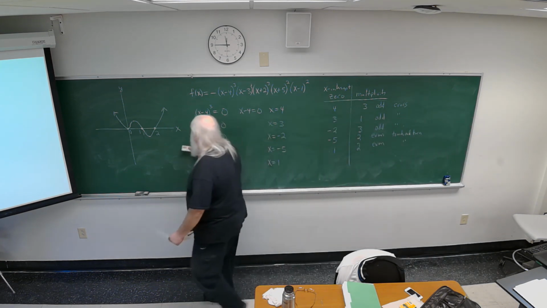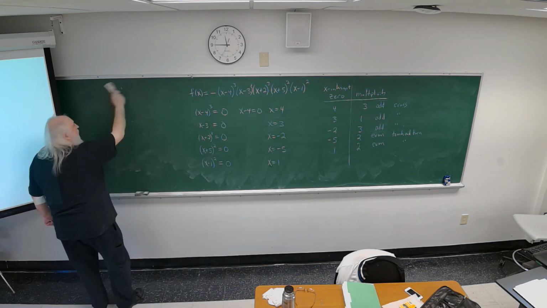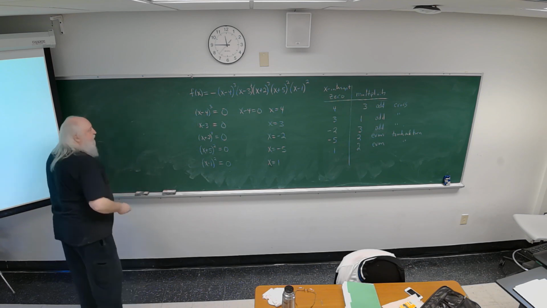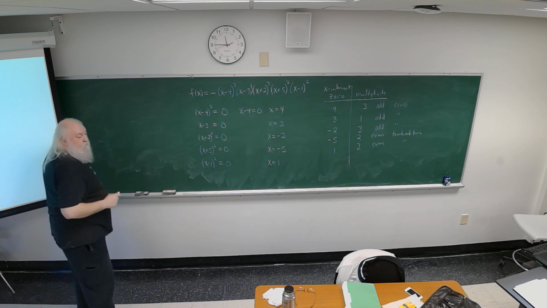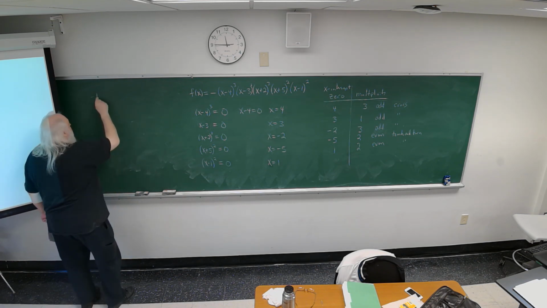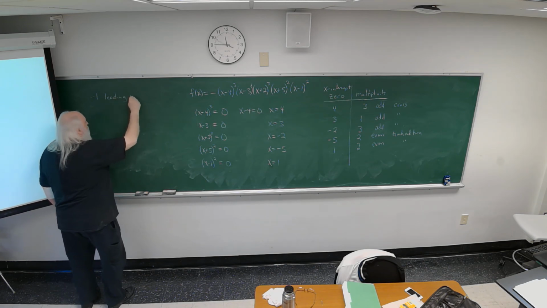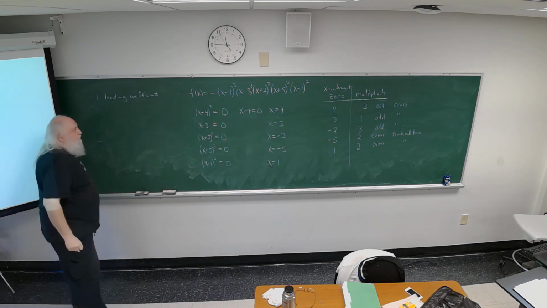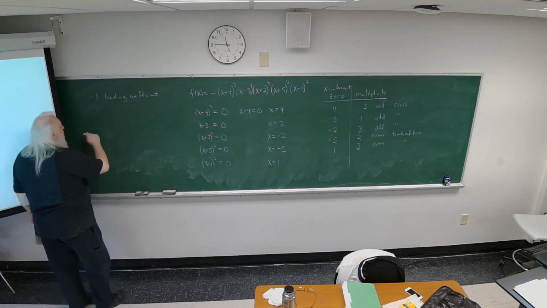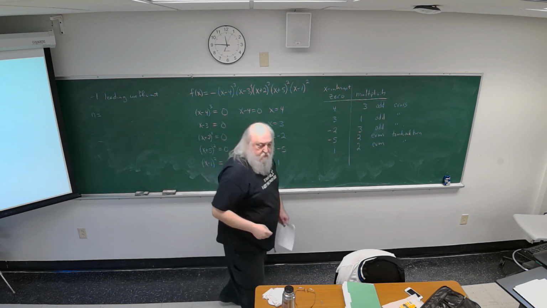All right. Now, she brought up an interesting question about the minus sign. So the leading coefficient, what's the leading coefficient in this problem? Minus 1. Now, to find the degree n of this polynomial function, you have two choices.